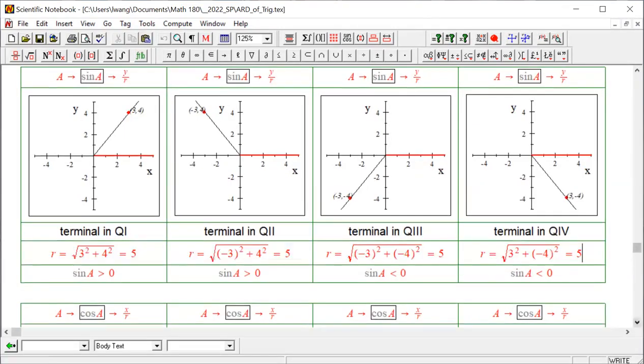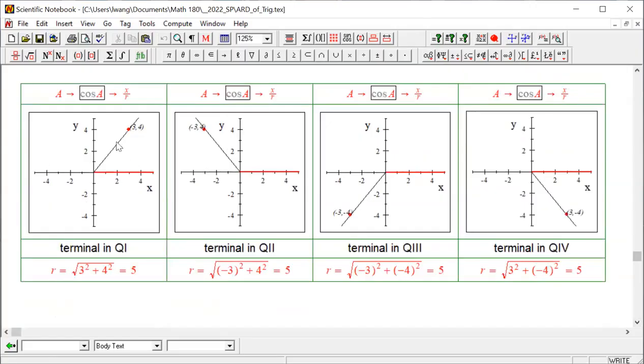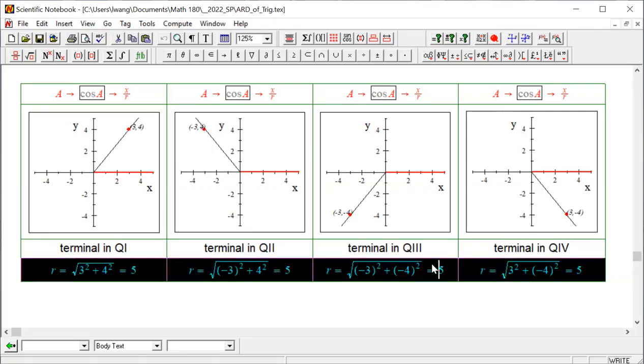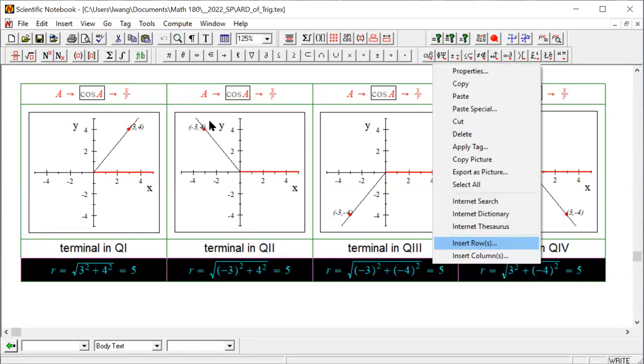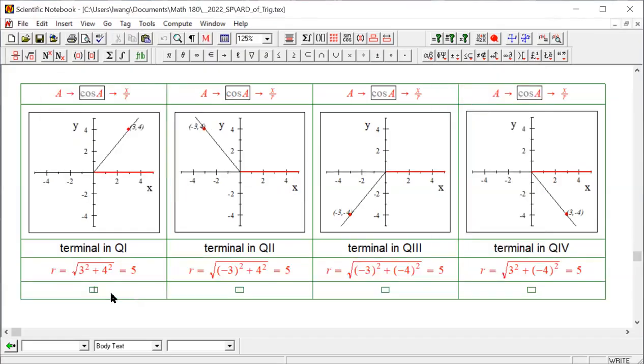So let's look at cosine. Cosine is x over r, the first one. I'm going to use a table to calculate this so we have a comparison. So r is known, and x is the essential part of x over r.